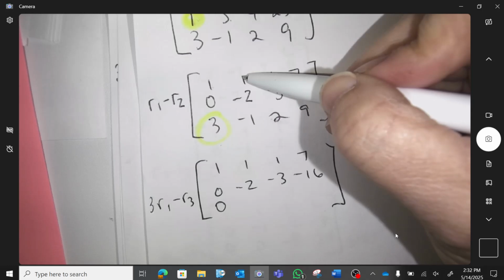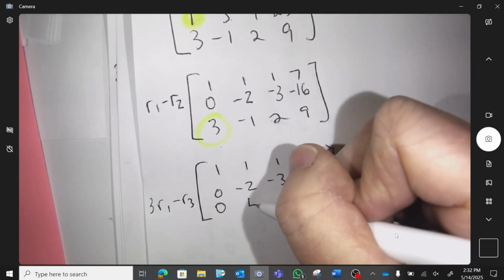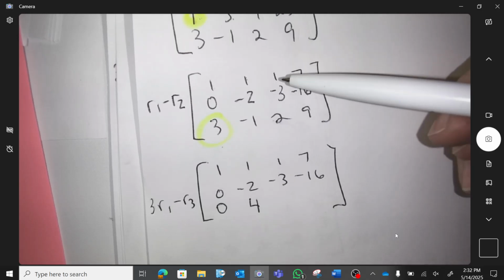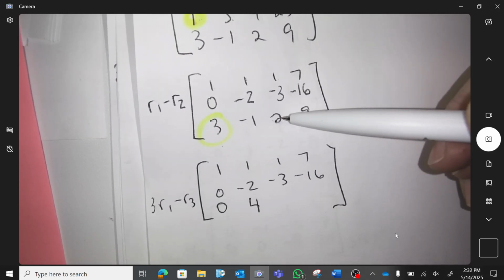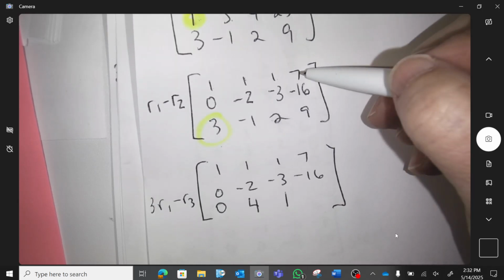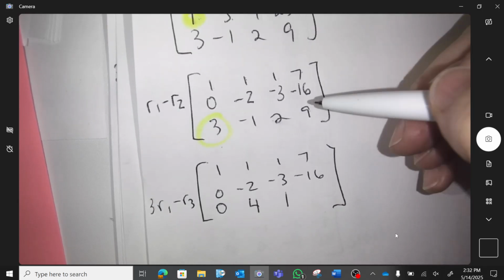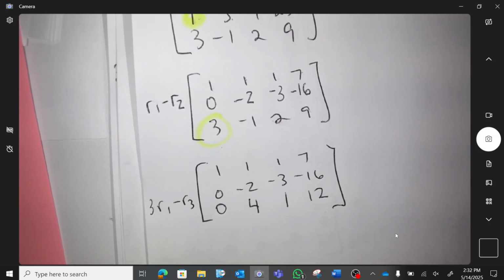Triple 3, subtract negative 1, 4. Triple 3, subtract 2. Triple 7 is 21, subtract 9.